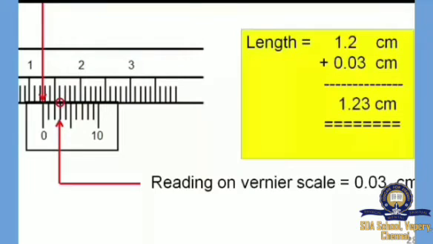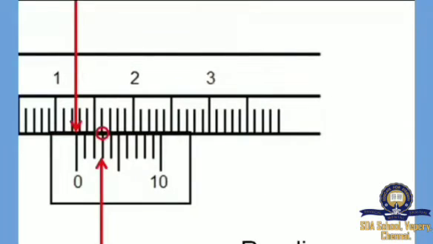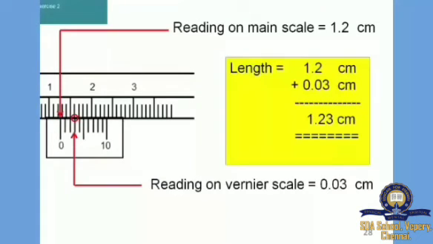Here in this picture, the 3rd line of the vernier coincides with the main scale. So here the vernier coincidence is 3. You have to multiply with the least count 0.01. So you'll get 0.03 centimeter. You have to add both and get the answer 1.23 centimeter.